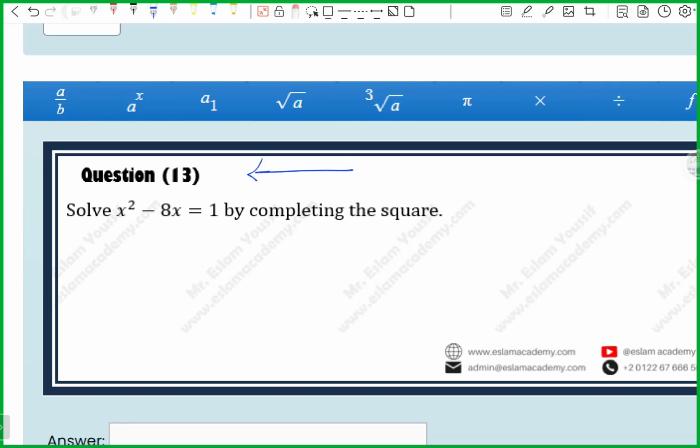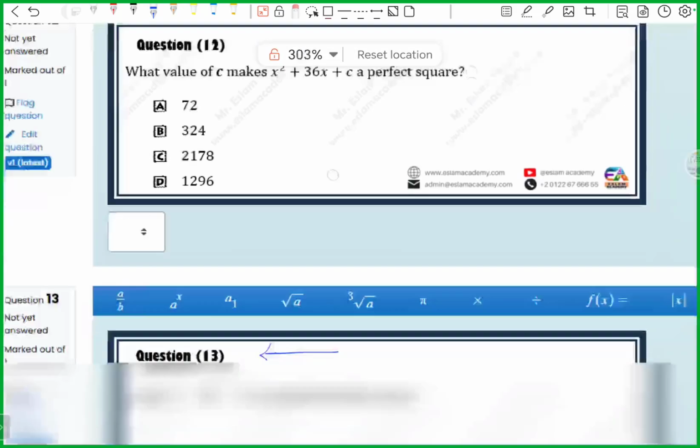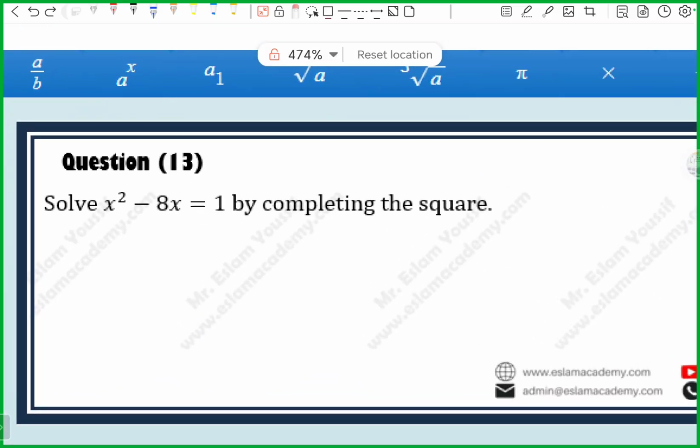To solve this question, I have to explain C. How can I find the missing term? Do you know the meaning of completing the square? It means to complete the perfect square trinomial.